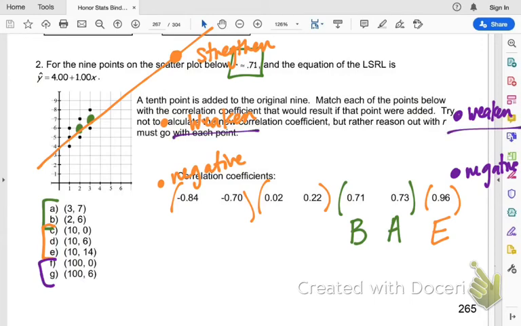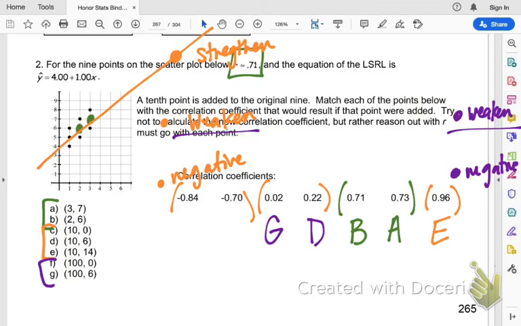The one that's the furthest out is going to make it the most weak. So then that would mean that the 100, 6 would be with the 0.02. And the 10, 6 would be the 0.2.